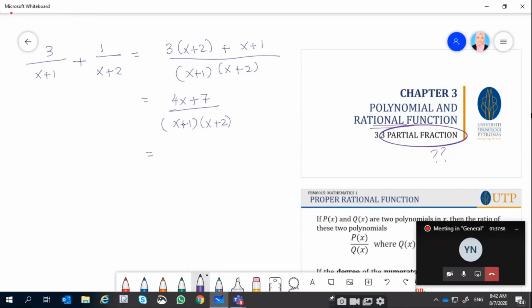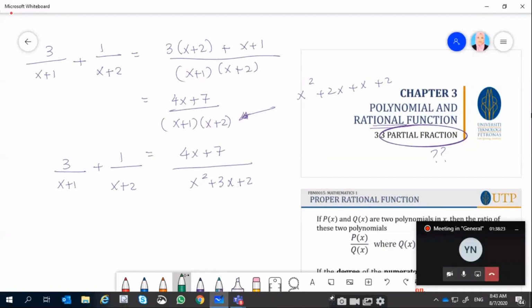When you expand the denominator part, you will have s squared plus 2s plus s plus 2. So 4s plus 7 over s squared plus 3s plus 2 is equivalent to 3 over s plus 1 plus 1 over s plus 2.